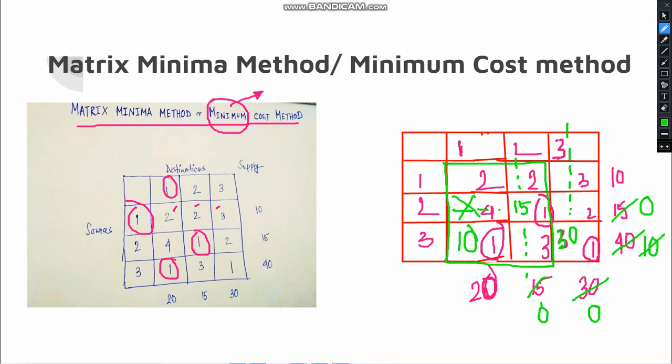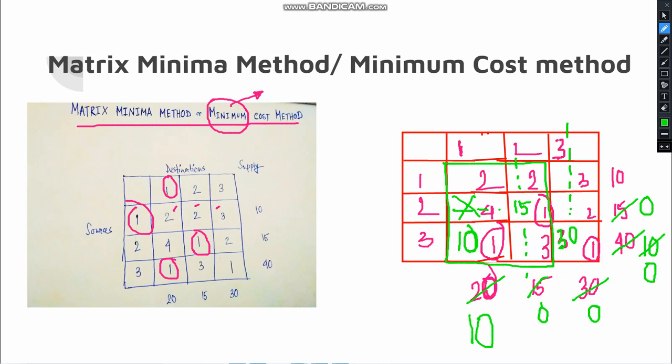Now here we'll allocate 10. You can see that when I had allocated 15 over here, the cost remaining was 2, 2 and 1. So I had the chance to allocate 10 here. After allocating this 10, this supply is reduced to 0 and this demand is reduced to 10.